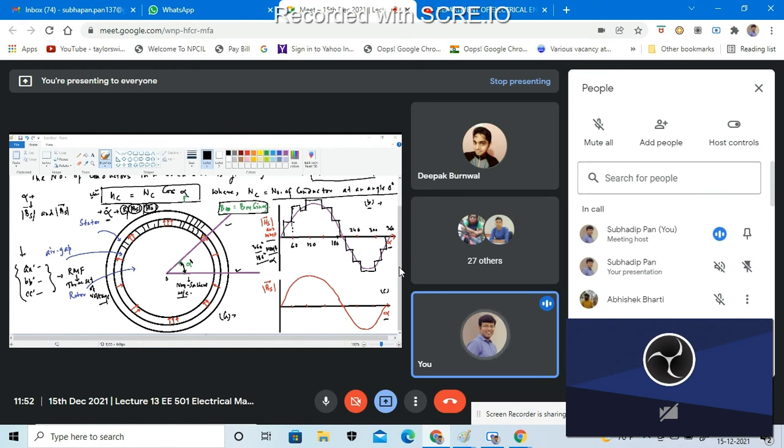In the previous lecture we were finding out the B net, that means the net magnetizing field. The magnitude will be the same, and as far as the angle is concerned, if the rotation is anti-clockwise, then the direction changes.